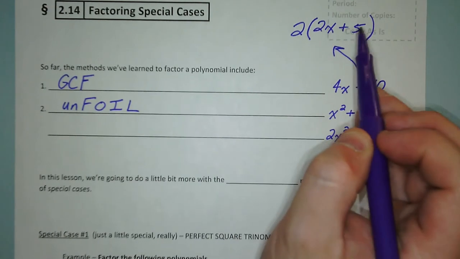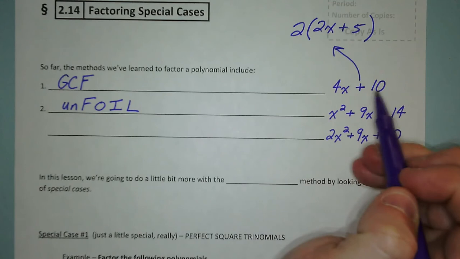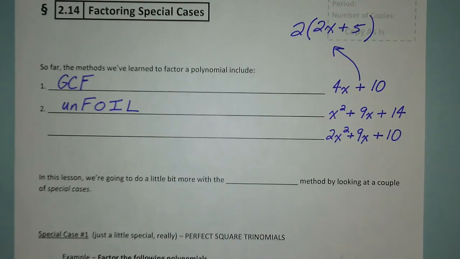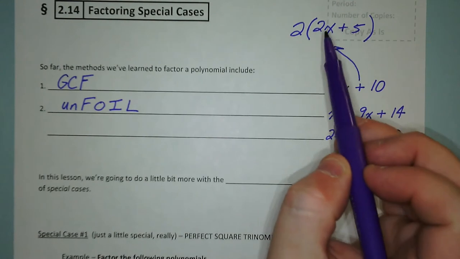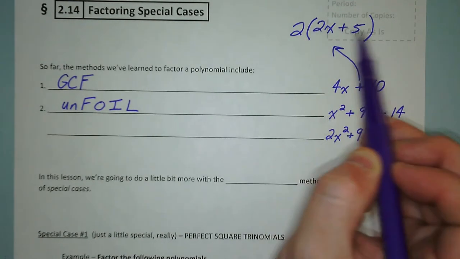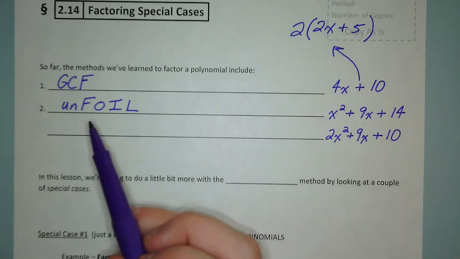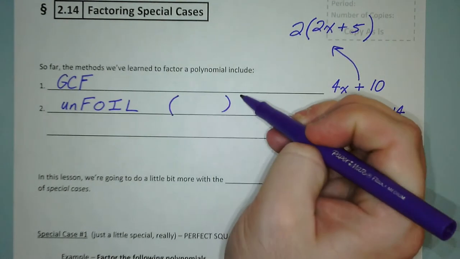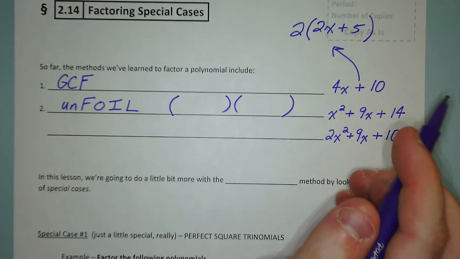The other factor, 2 times what gets you 4x plus 10? So the other factor is 2x plus 5. So when you factor by GCF, you're writing it as a monomial times whatever. In this case, it's a binomial. But unfoil, you're writing it as a binomial times a binomial.